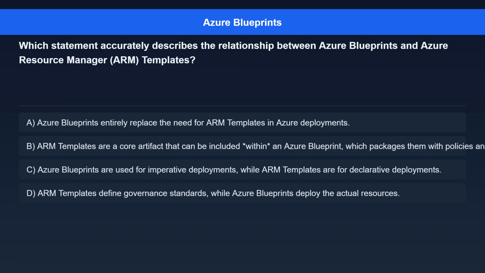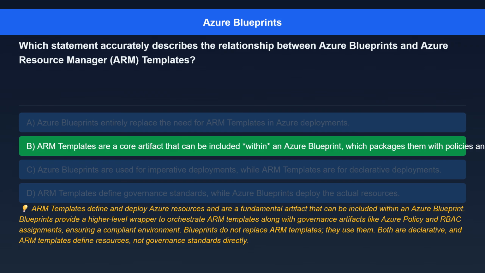Option C. Azure Blueprints are used for imperative deployments, while ARM templates are for declarative deployments. Option D. ARM templates define governance standards, while Azure Blueprints deploy the actual resources.